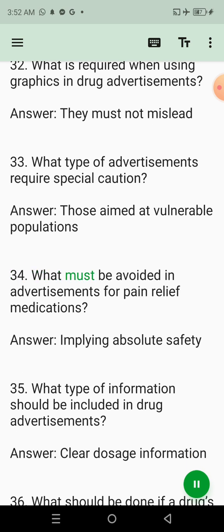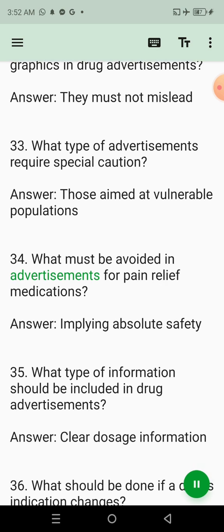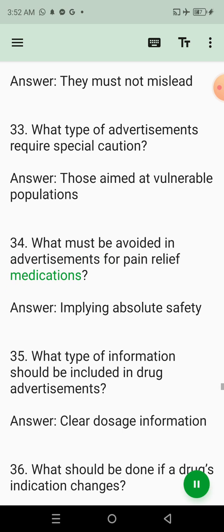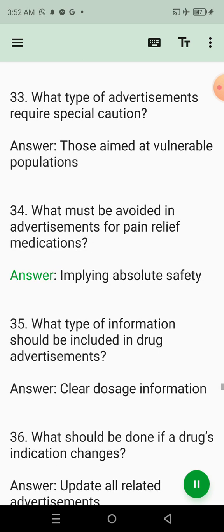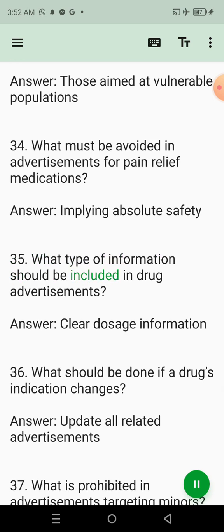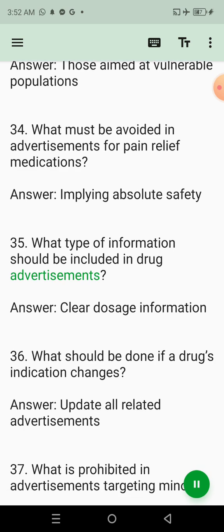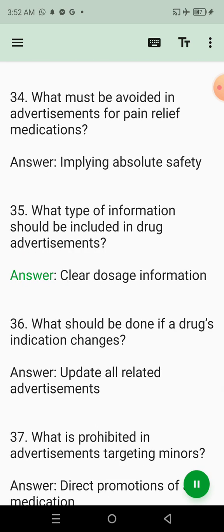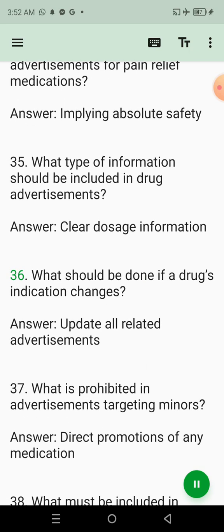34. What must be avoided in advertisements for pain relief medications? Answer. Implying absolute safety. 35. What type of information should be included in drug advertisements? Answer. Clear dosage information. 36.